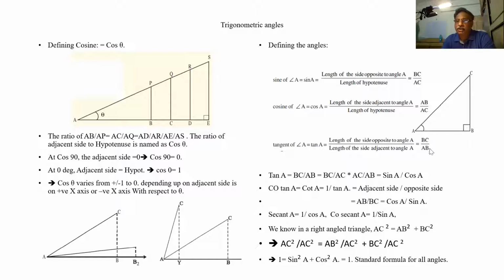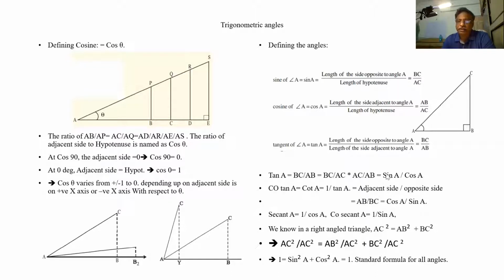Sine theta by cos theta is tan theta. So when I say BC by AB, it can be written as BC by AC into AC by AB. AC gets cancelled, so it becomes BC by AB. But BC by AC is sine theta. So sine A by cos.